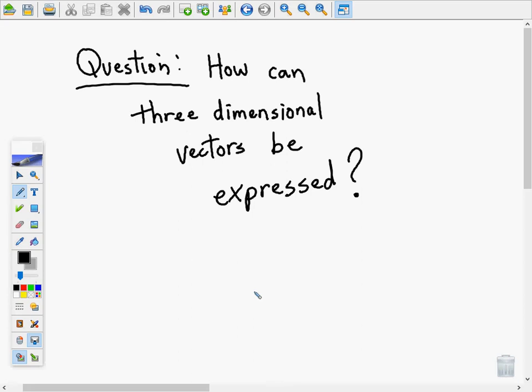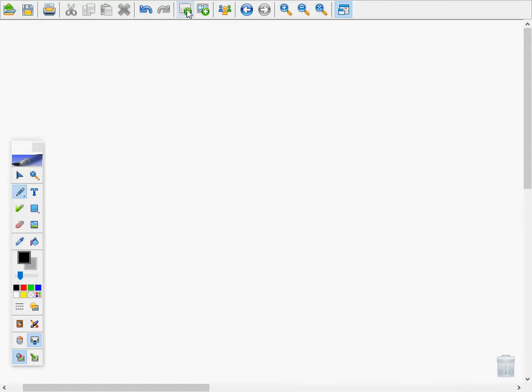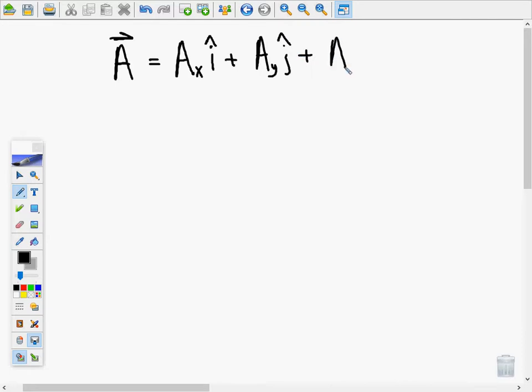Question, how can three-dimensional vectors be expressed? So let's say we have vector A, and it has an x component, a sub x, and it has a y component, a sub y, and a z component, a sub z.